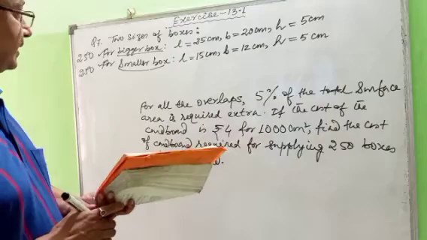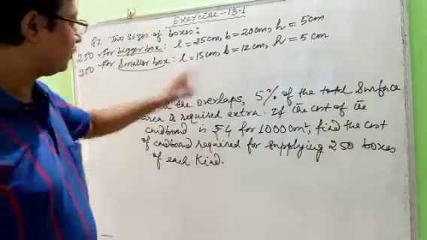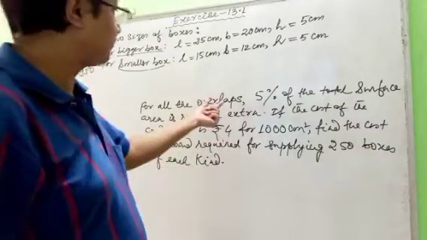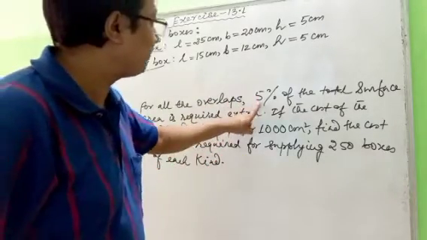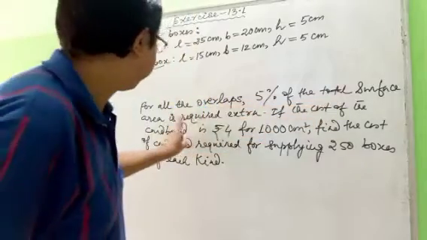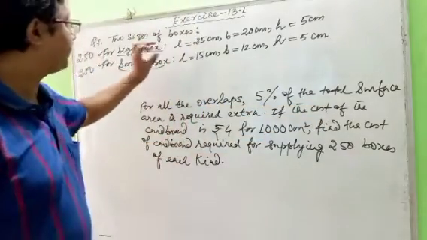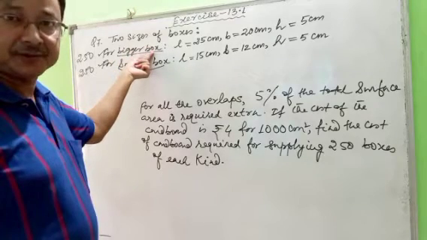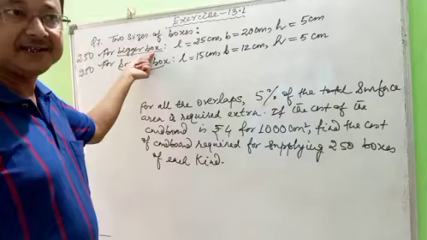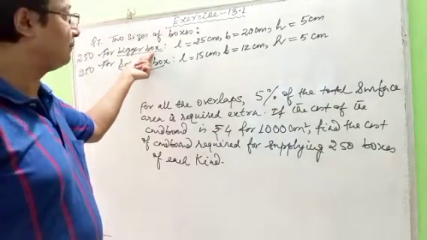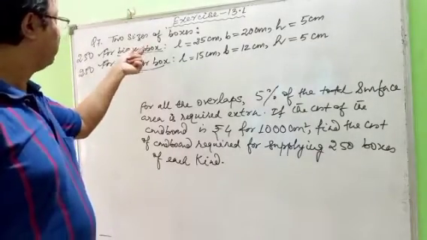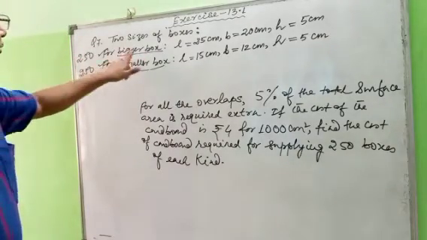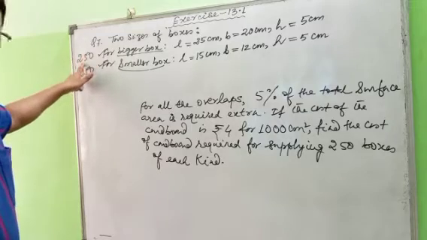Now they have said that for all the overlappings, that is the extra cover, extra cardboard they will need is 5% of the total surface area. That means after finding the total surface area of the bigger box, that is 2(LB + BH + HL) using this formula, you are going to multiply that by 250 because the number of bigger boxes is 250.